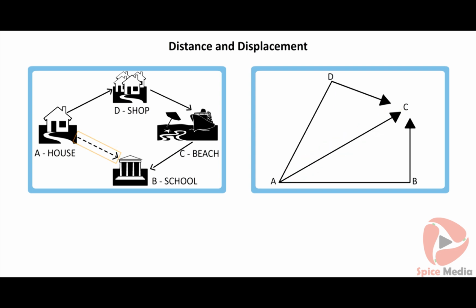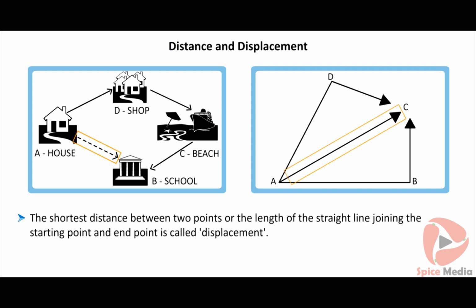This is called the resultant displacement vector AC. The shortest distance between 2 points is called displacement, or the length of the straight line joining the starting point and end point is called displacement.